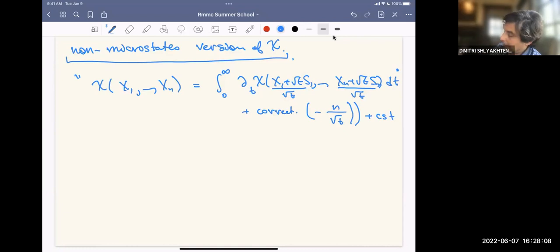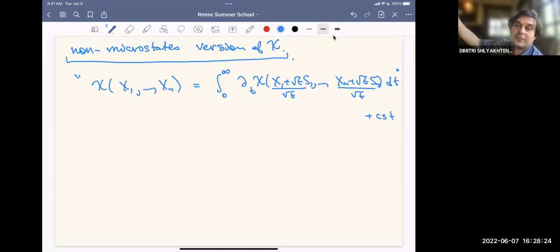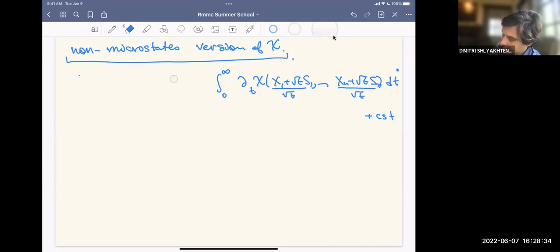Which is more or less what happens at the semicircular limit. Since I have a path that moves from any n-tuple of variables to the semicircular variable, I can just write it as the integral of the derivative along this path. Maybe I should say it in a different way, I think I'm saying it in a very confusing way.